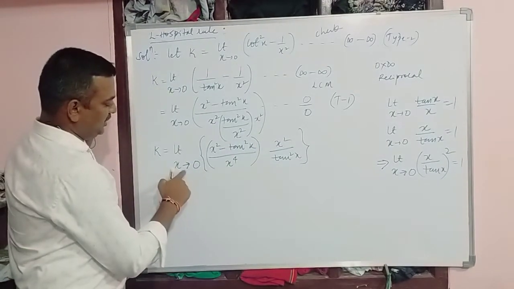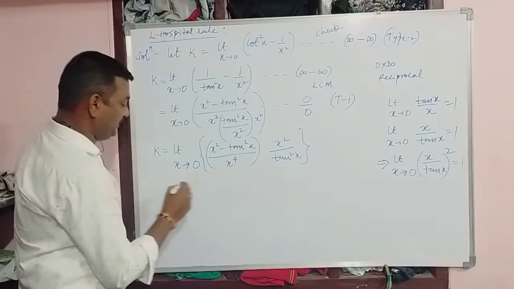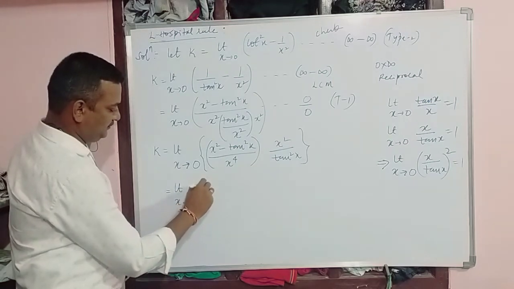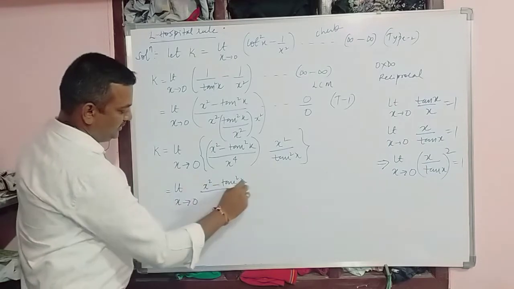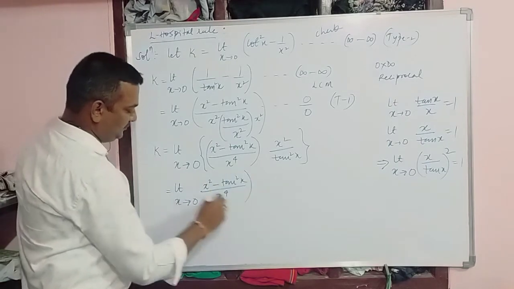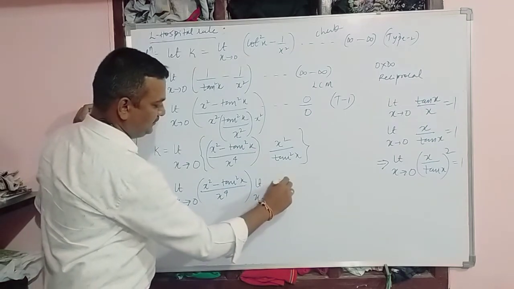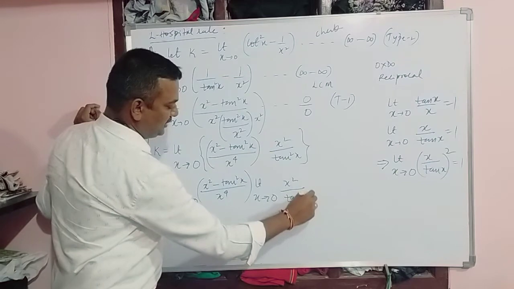Now we have a limit of a product, which can be written as the product of limits, that is limit as x tends to 0 of x square minus tan square x divided by x raised to 4, into limit as x tends to 0 of x square by tan square x.